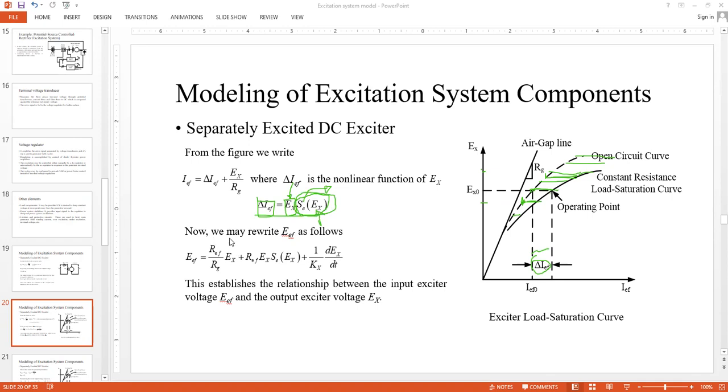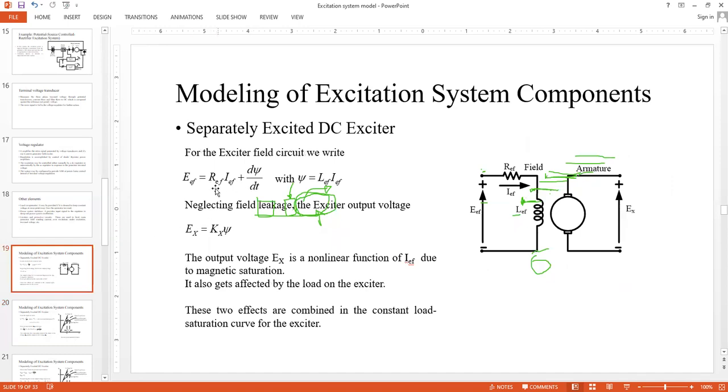Now if we want to rewrite EEF that we started with in the previous slide, in the first slide of the modeling, here was the EEF. EEF was nothing but REF IEF plus LEF dIEF over dt.